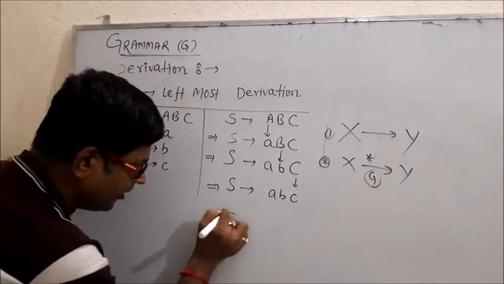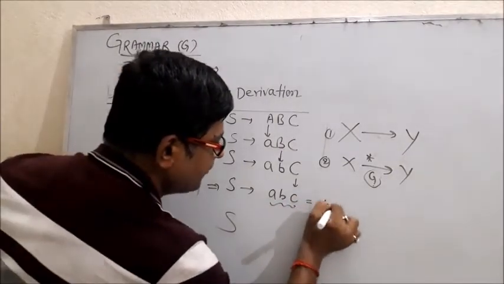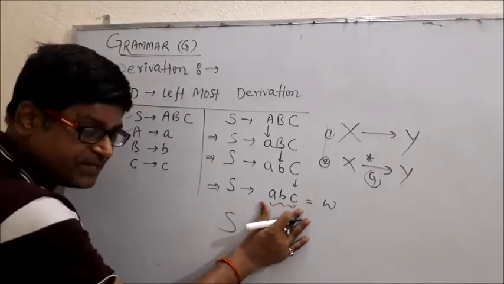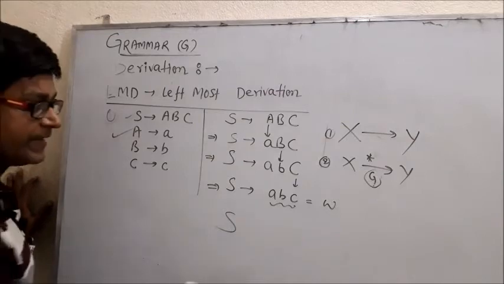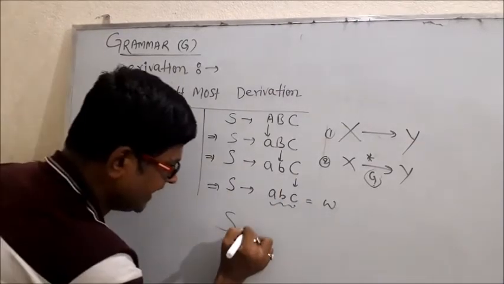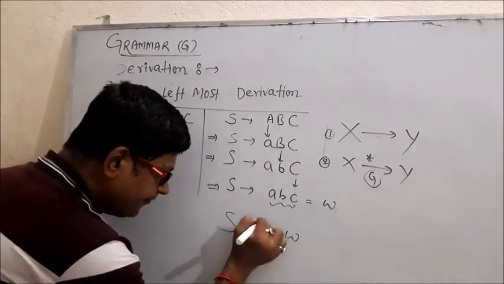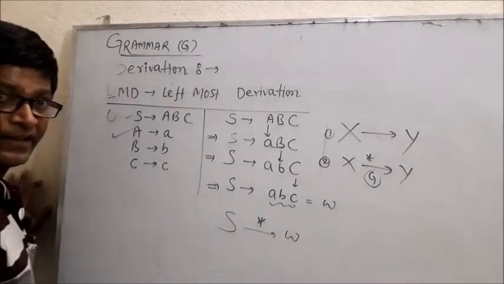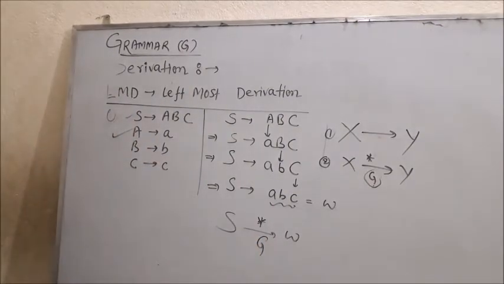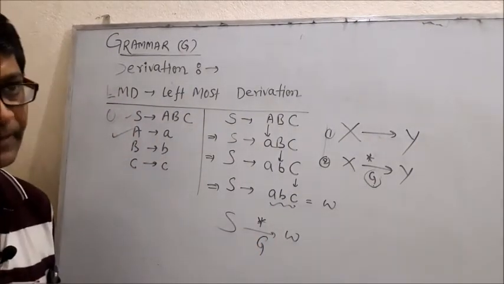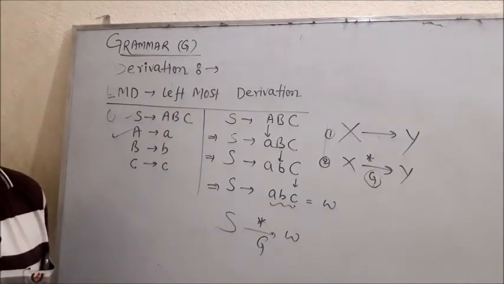So in this case, I can also write this as W. Suppose that means if we consider ABC as W, W is a string, right? Say W is a string. So I can say W is derived with multiple steps by applying this grammar. This grammar means by applying some production rule. So this is the best example of your LMD.